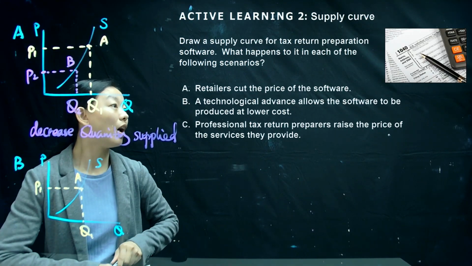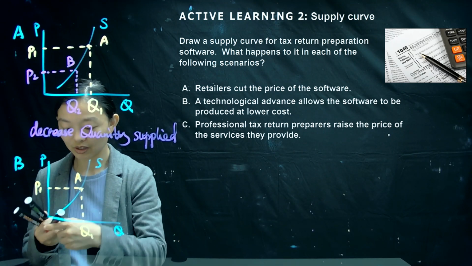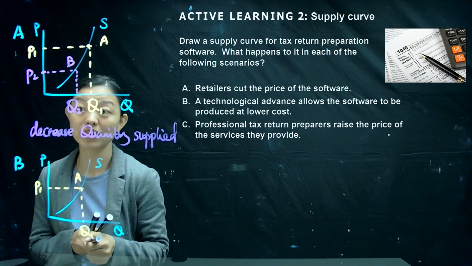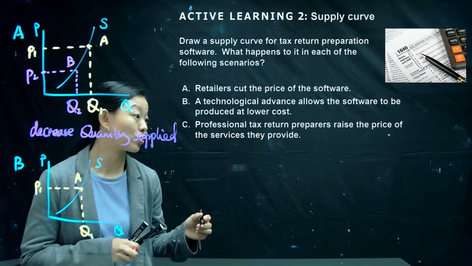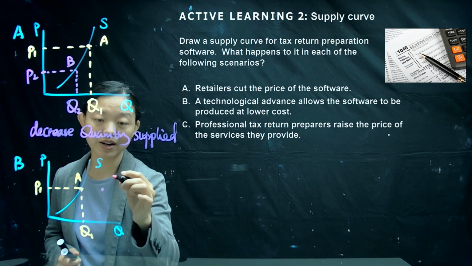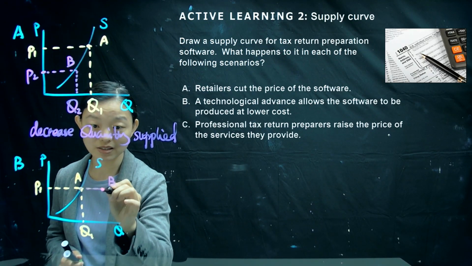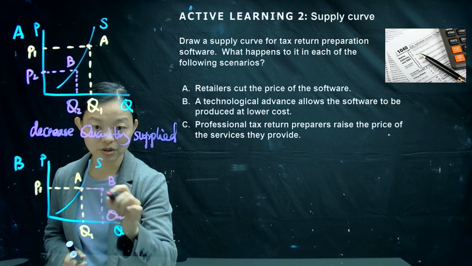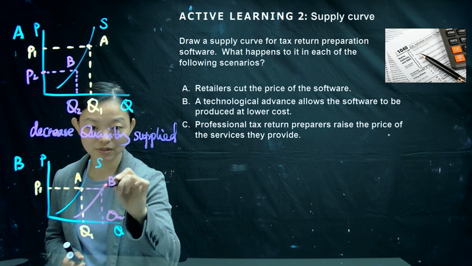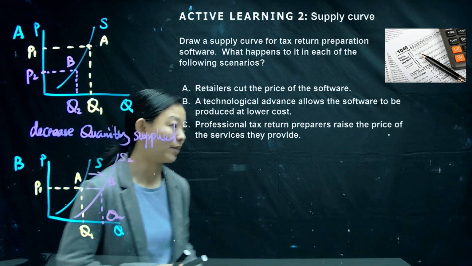Now the cost decreases, which means even if the market price doesn't change, it becomes more profitable to sell more tax return software, right? So the suppliers of software would like to offer more products, even if the price doesn't change. So we shift the supply curve to the right hand side.